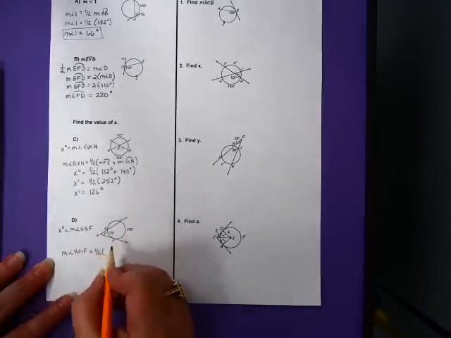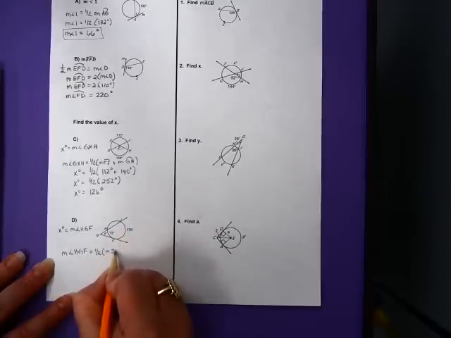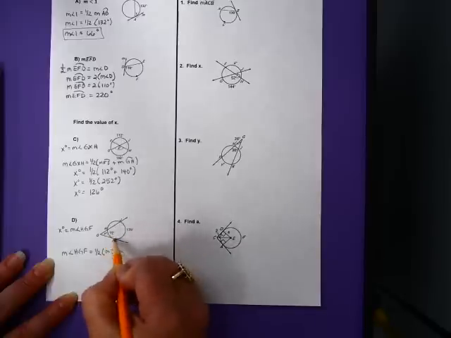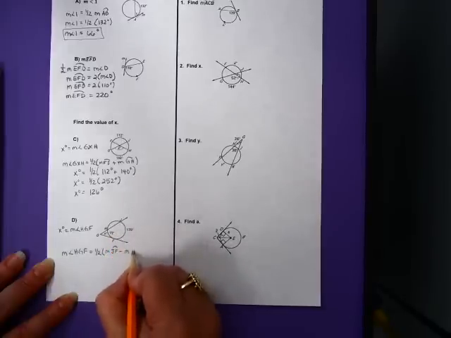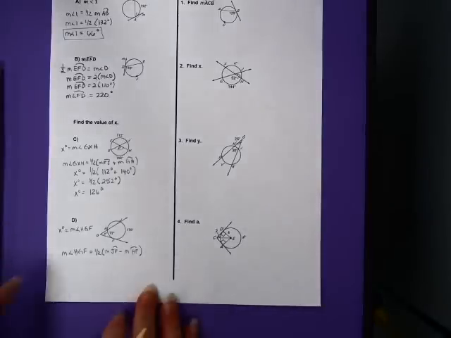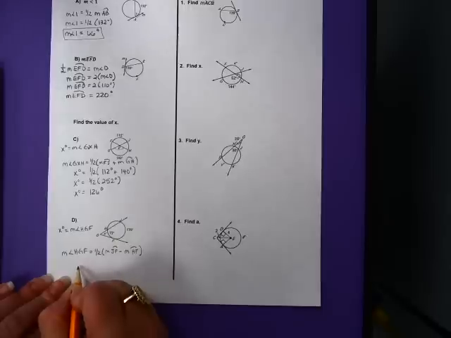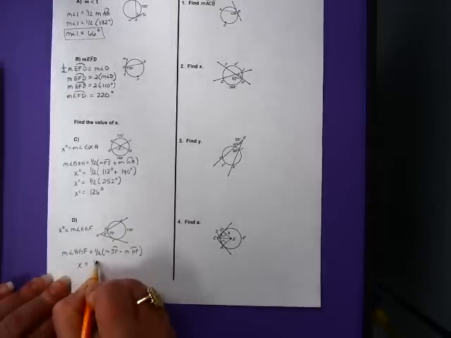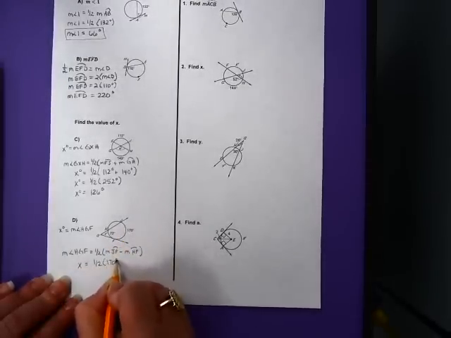So it's going to be the large one, which is the measure of arc JF, minus the smaller one, which is the measure of HF. Now I'm going to plug in everything that I know. I know that this is represented in the diagram as X. I know that this is represented in the diagram as 170 degrees.